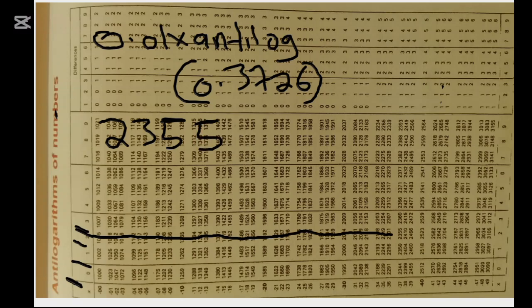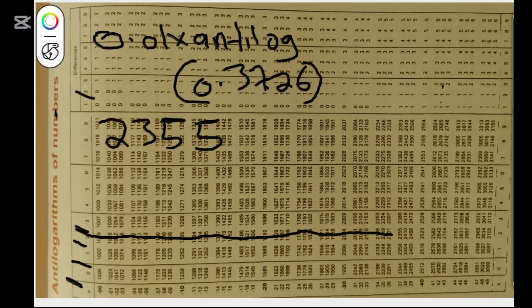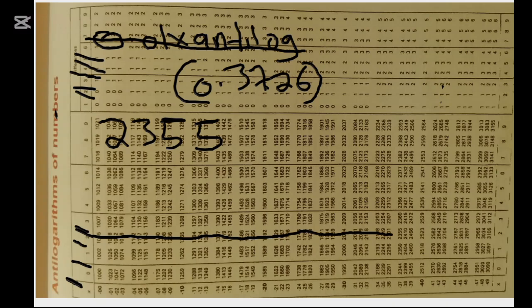After that, the next number I have is 6. For the last number, I'll go directly through the common difference. I have to take a look at the difference 1, 2, 3, 4, 5, 6. So I'll go directly to 6. In 6, I'll come across 37, which is 3.